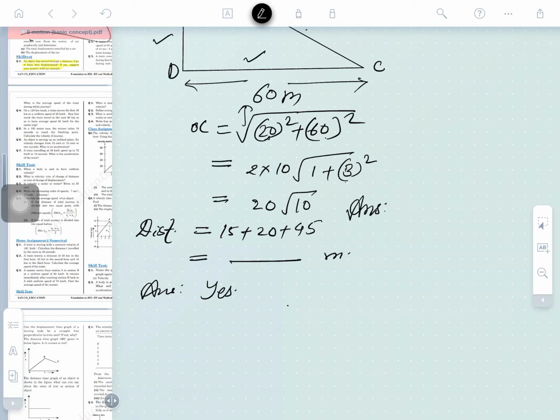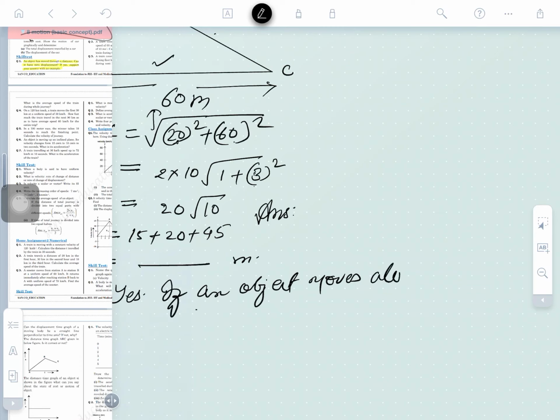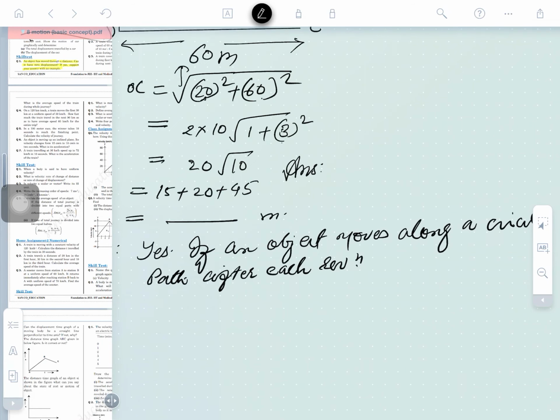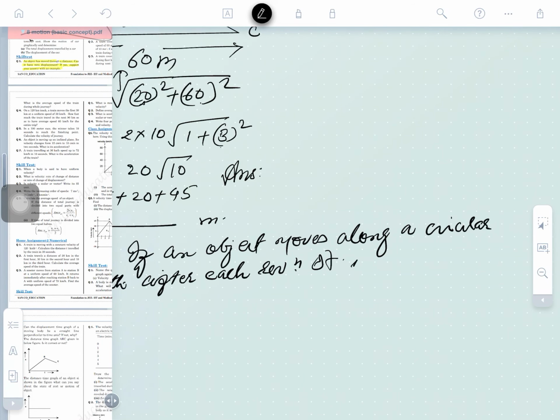Yes, if an object moves along a circular path, so after each revolution its displacement is 0.